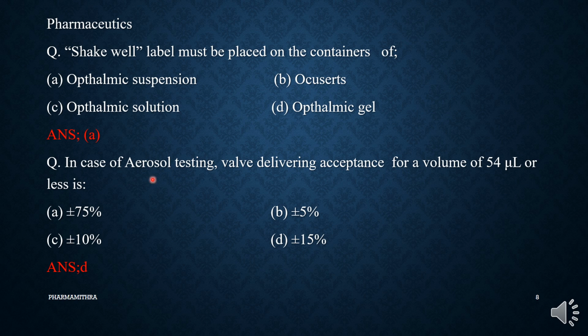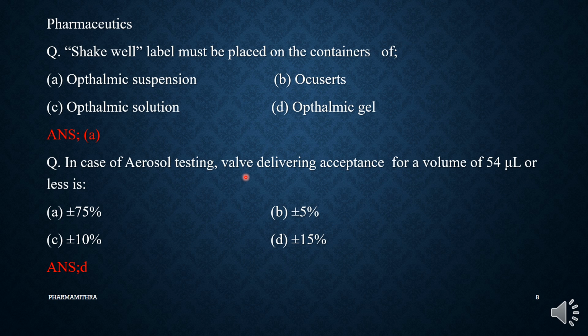Next question, in case of aerosol testing, valve delivering acceptance for a valve of 54 microliter or less is... As we know, we are dealing with different quality control tests. But the most important part is the valve. If the valve is not good or not clean, that may result in leaking. So the valve delivery acceptance, if the delivery is for a valve of 54 microliter or less, shows a limit of plus or minus 15 percent.